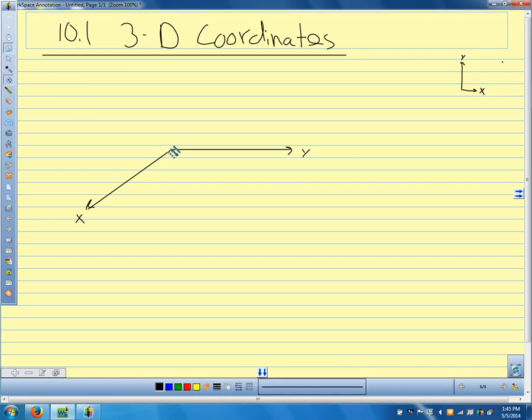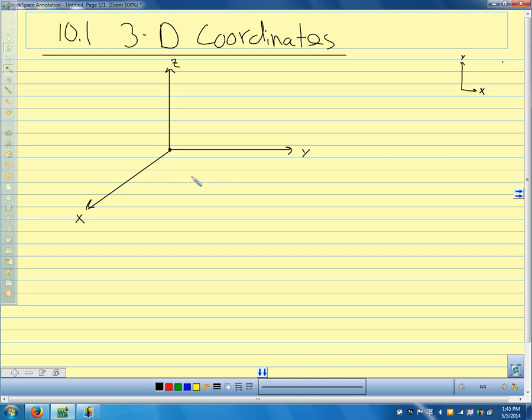And we're going to add one more axis here, the z-axis. And right here where they all meet is the origin. All of these 3 axes are perpendicular to each other. And this is our 3-dimensional coordinate system.